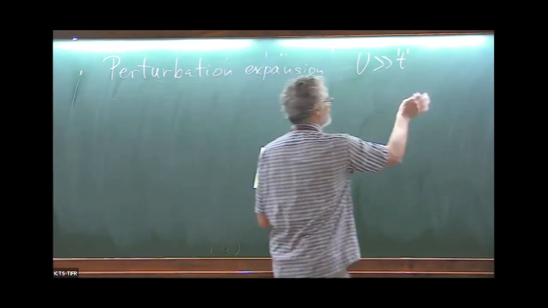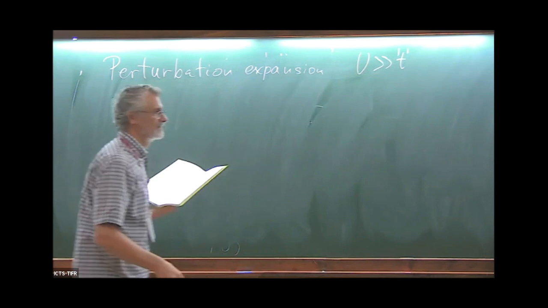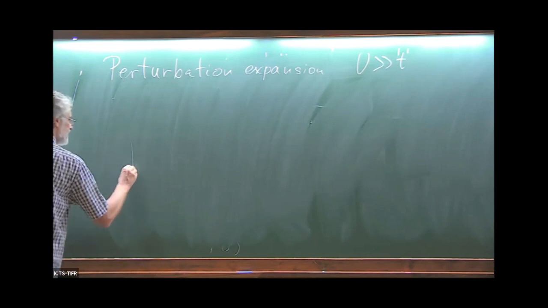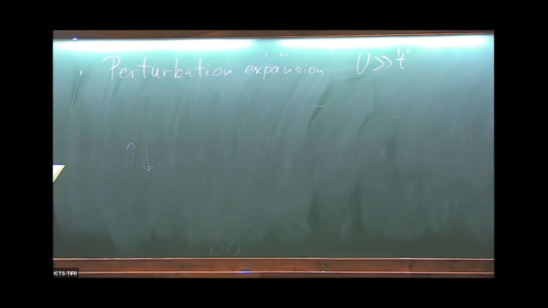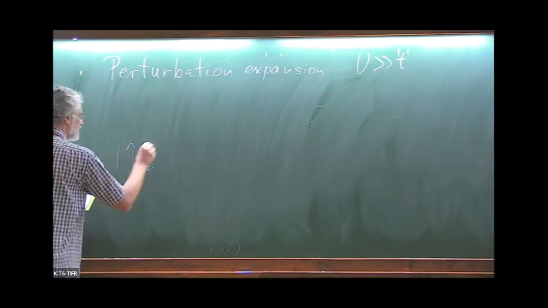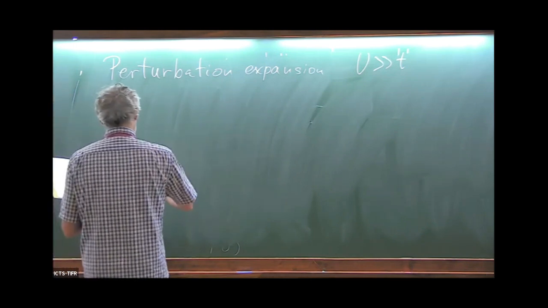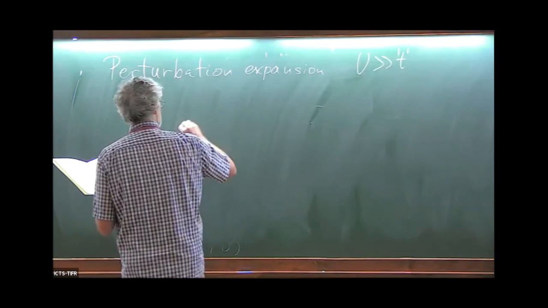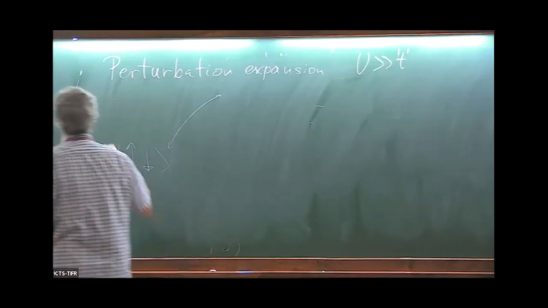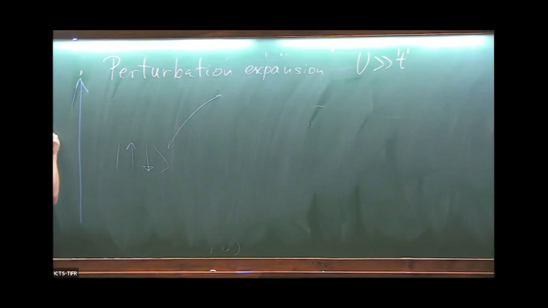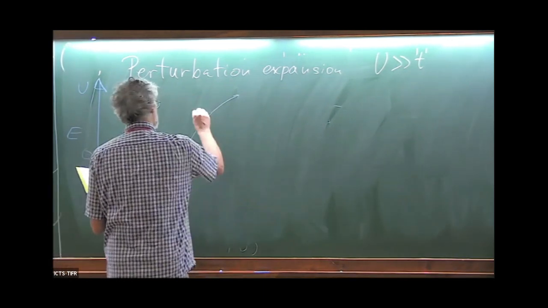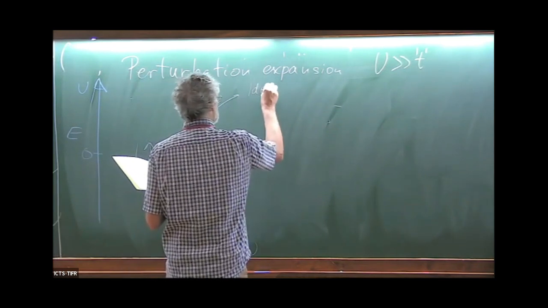If U is large, then the low-lying states are the spin states, up, down, down, up. Suppose that we start from the up, down. What can happen is that we can hop this up electron to the other side. The axis here is kind of the energy, so this is kind of 0, and this is kind of U. So we can hop with amplitude minus t to the double-empty state.